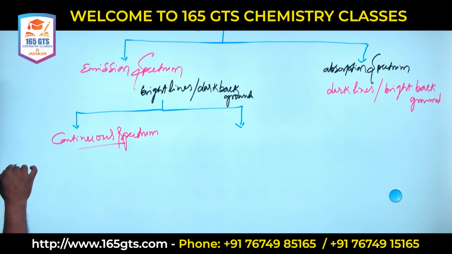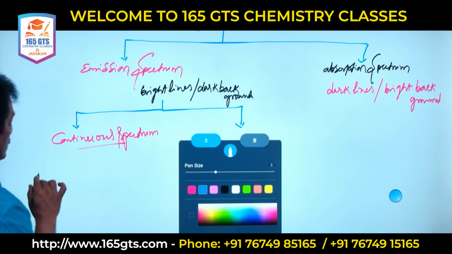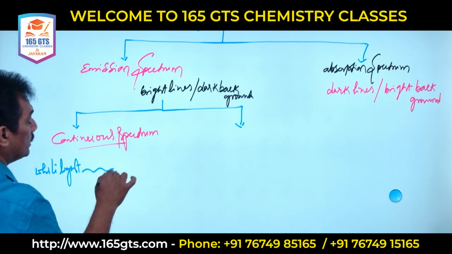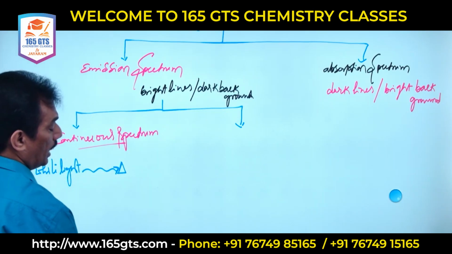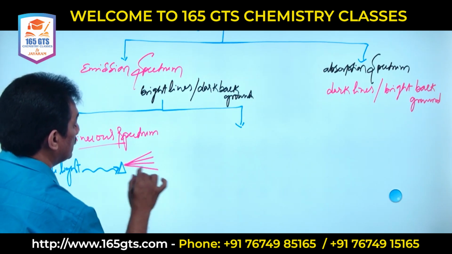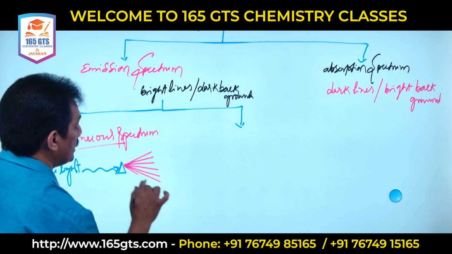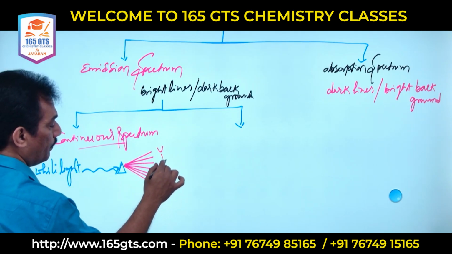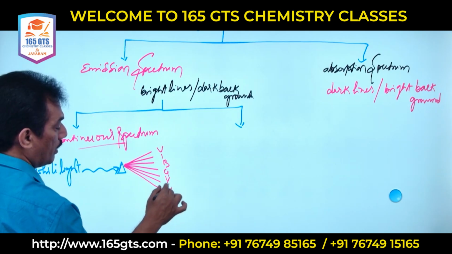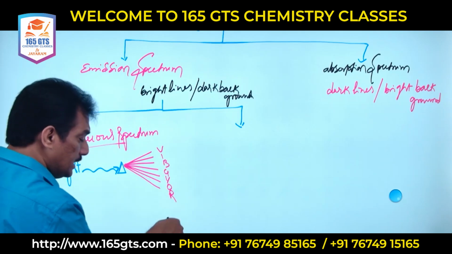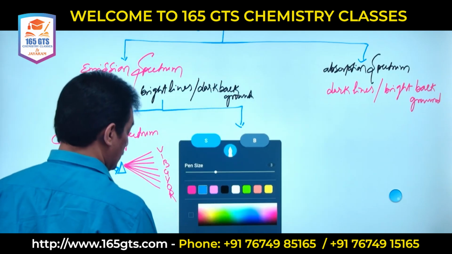The best example is white light, which is a combination of VIBGYOR. When white light is passed through a prism, it creates all these colors one after the other in a systematic manner, in increasing or decreasing wavelengths. Clear? No line is missing. That is known as a continuous spectrum.